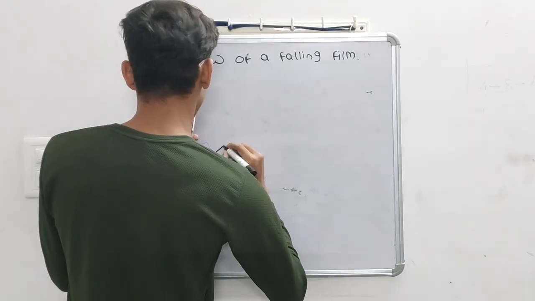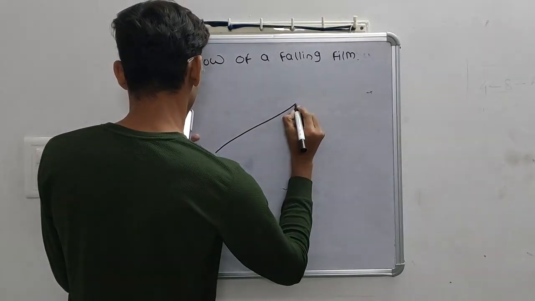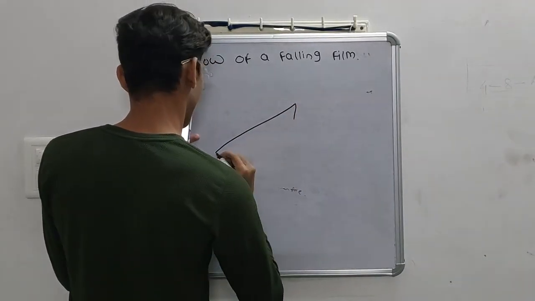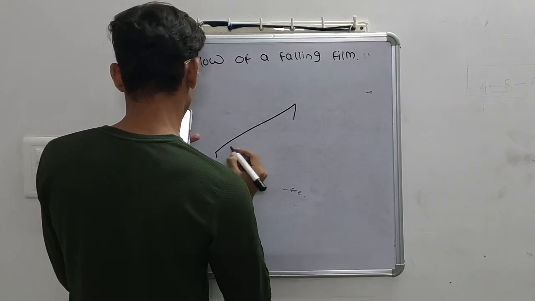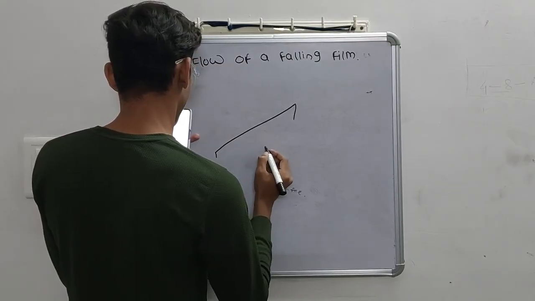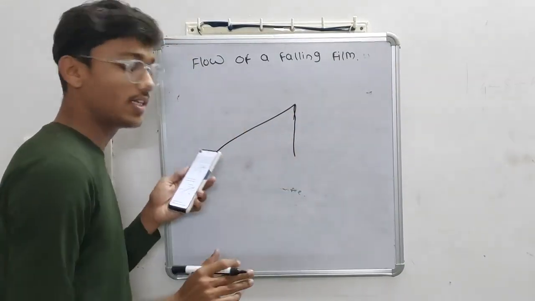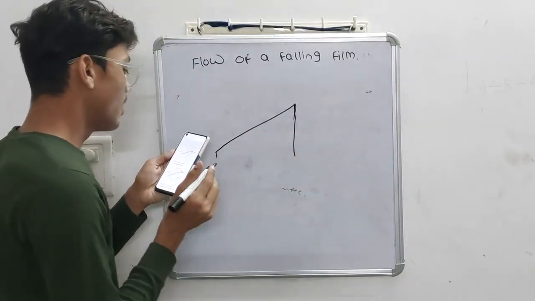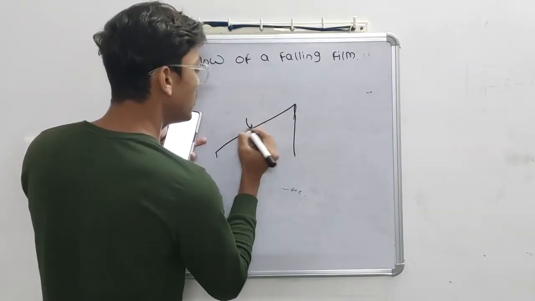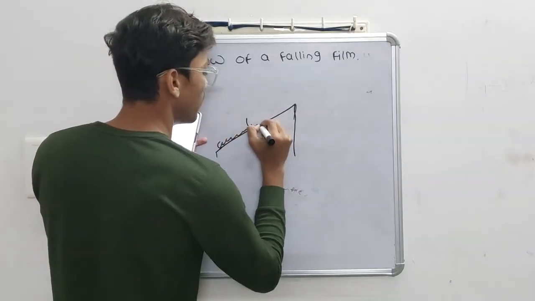We have a plate, this is the plate, and this is the inclination of the plate. The liquid is flowing over the plate.